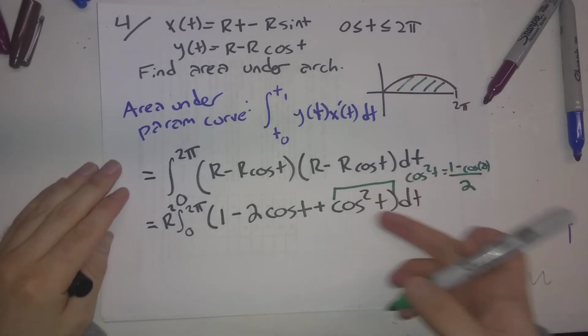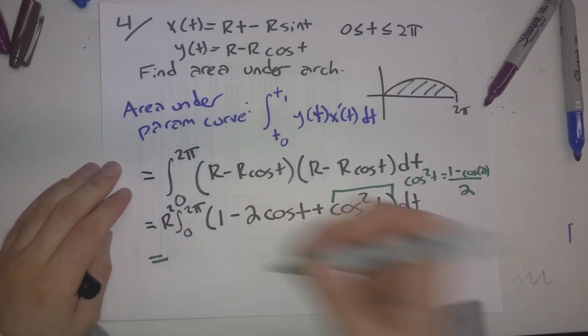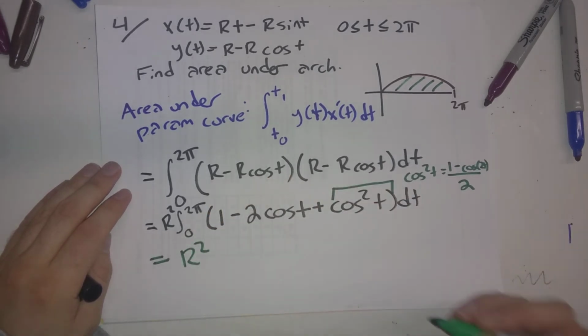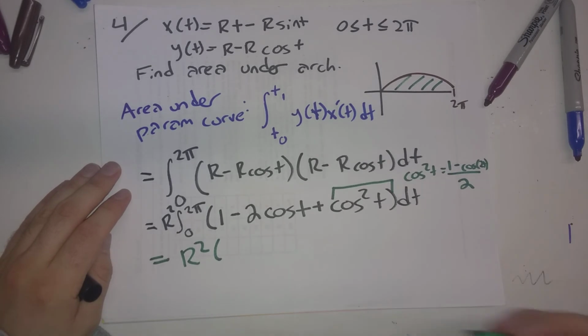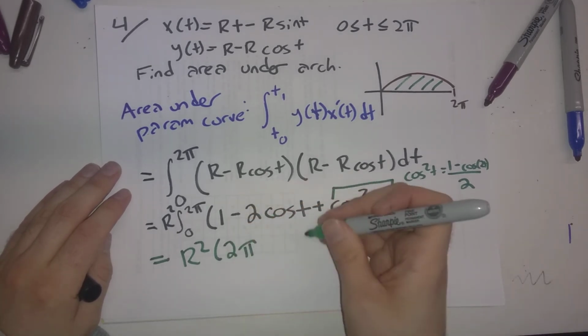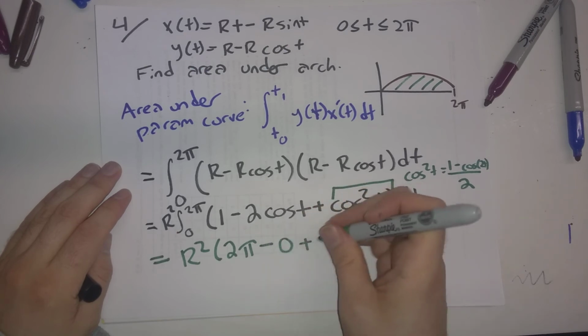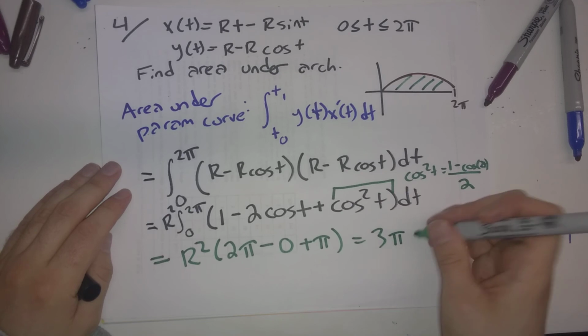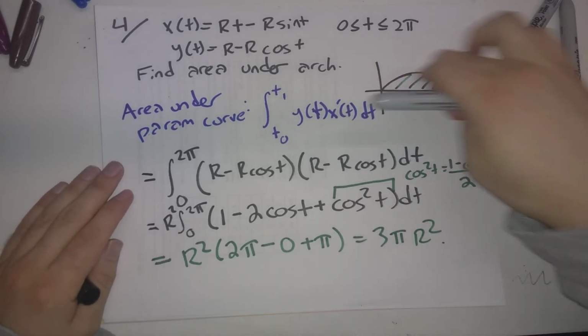And so once you make that replacement, this is a pretty straightforward integral. I'm just going to write down the final answer. It's r squared times, you end up with 2 pi minus 0 plus pi. So 3 pi r squared is this area up here.